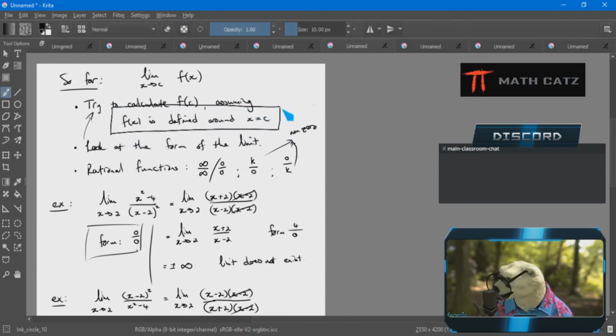There is this requirement that for this limit behavior question to even make sense, to be asked, we need this. We need f, we need the function to be defined around my x value in question.